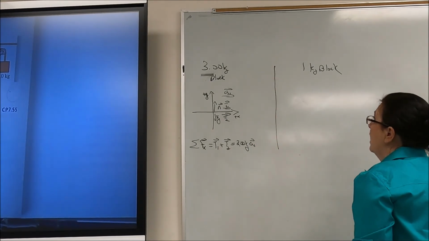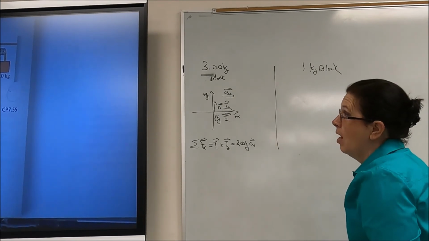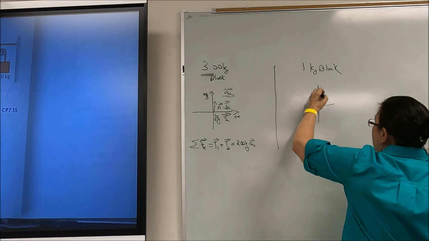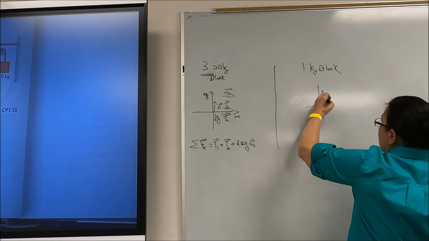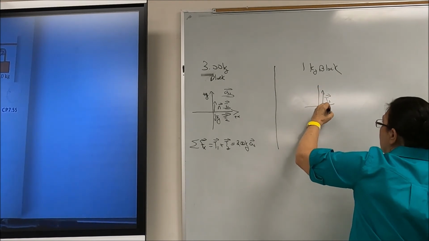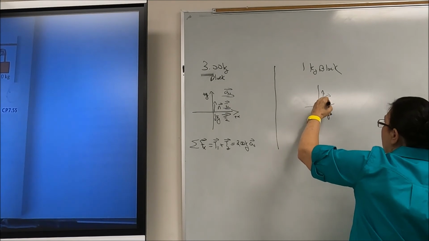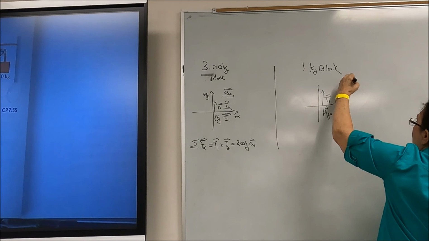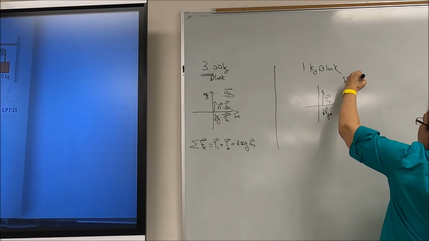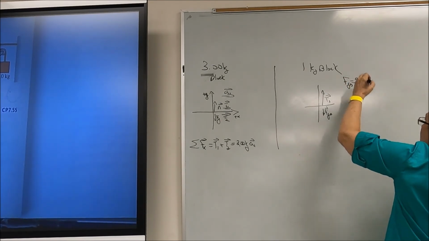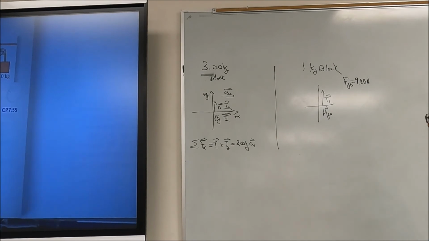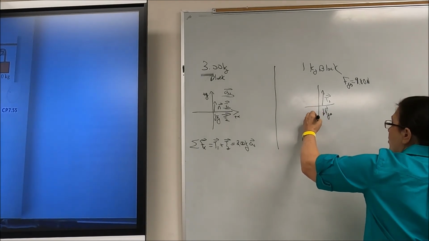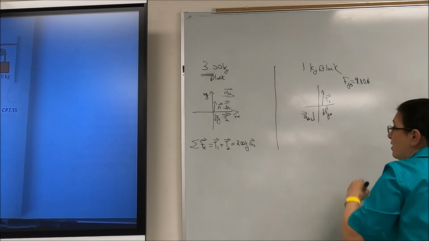Now, for the hanging block, there's going to be a T3, and the force due to gravity on the block. The force due to gravity here on the block is 9.80 newtons, because 9.8 times 1 is 9.80 newtons. Okay? And the acceleration here is an A2, and it's going to be down.